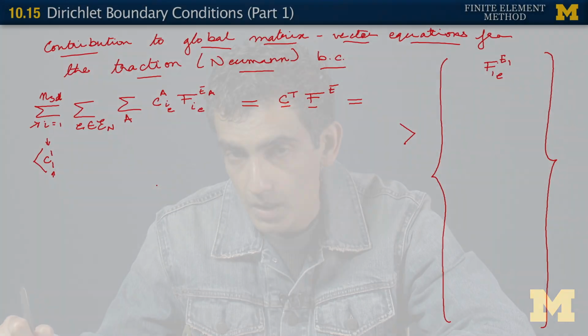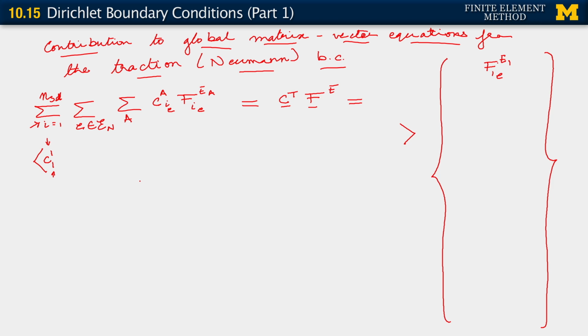I would encourage you to go back and look at those, because what I'm going to do now is look at the contributions to global node A. Let's suppose that global node A shows up here along the C vector, that B shows up here, global node C shows up there, and global node D shows up there. So A is going to be here, B, C, D.